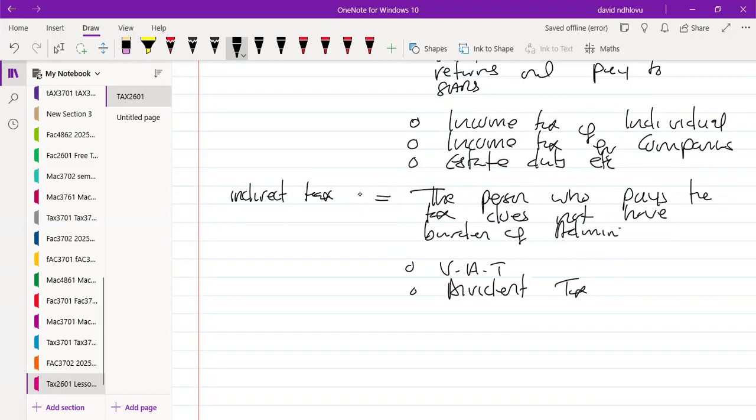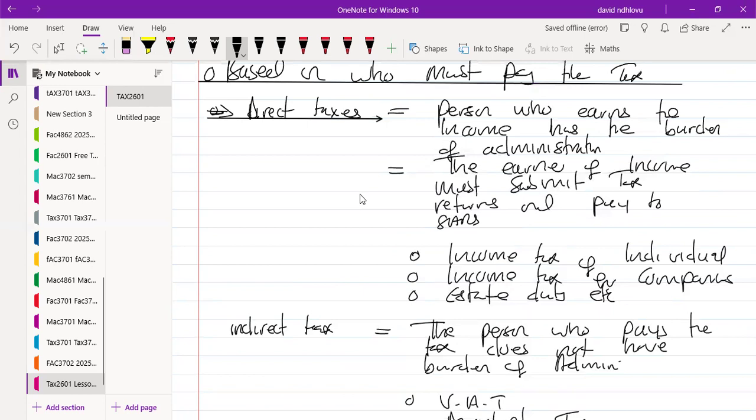So there is a clear distinction between the person who actually pays the tax, who is the customer in the shop, and the person who must face SARS, making submissions and bearing the burden of administering that tax. This is different from income tax. You earn the income yourself, you submit the tax and pay yourself. So we have what we call direct and indirect taxation.